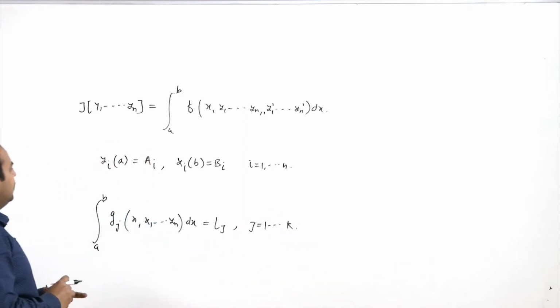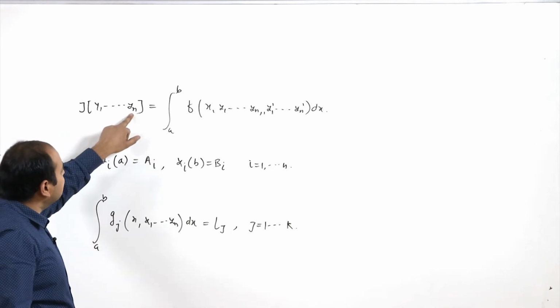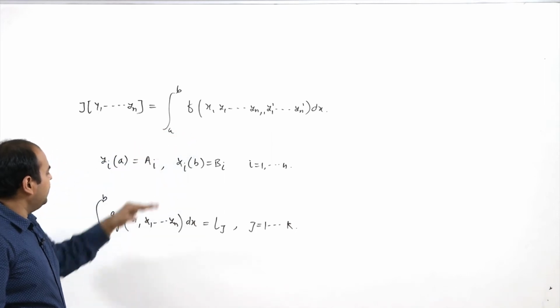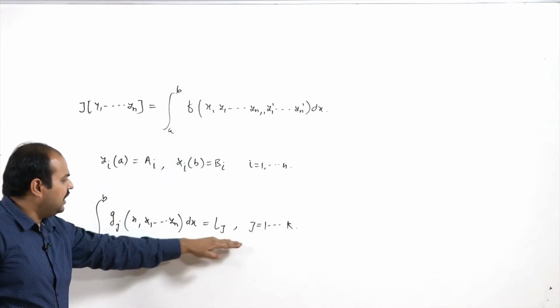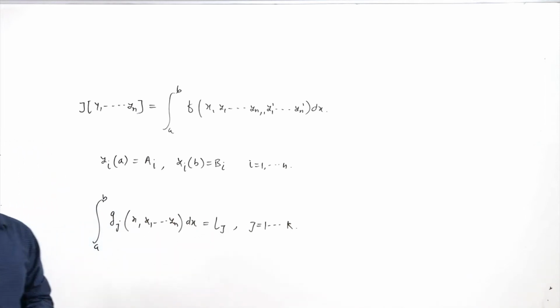So, here the unknowns are the curves y1 to yn, which extremize this functional, provided that these k integrals are also kept at constant values.